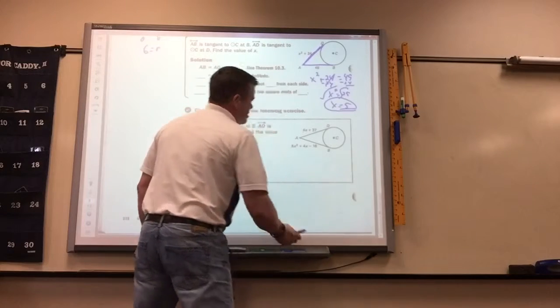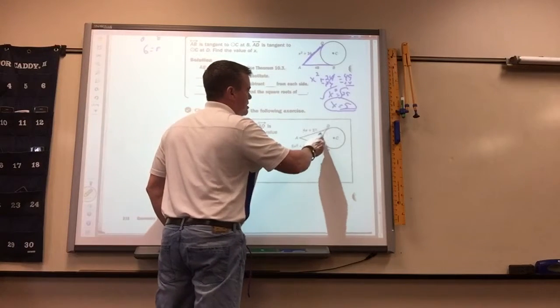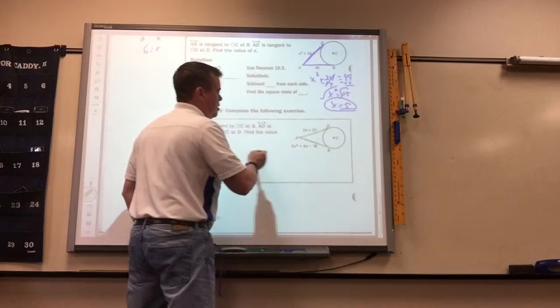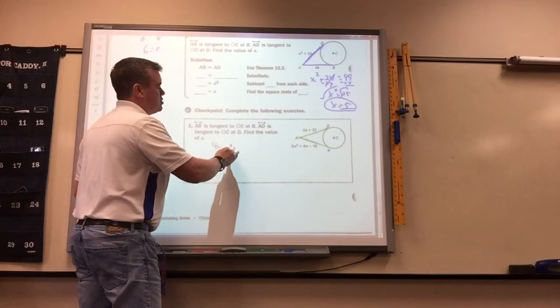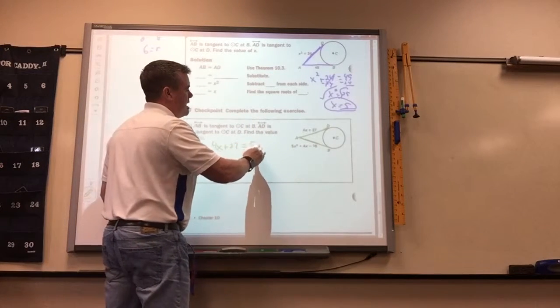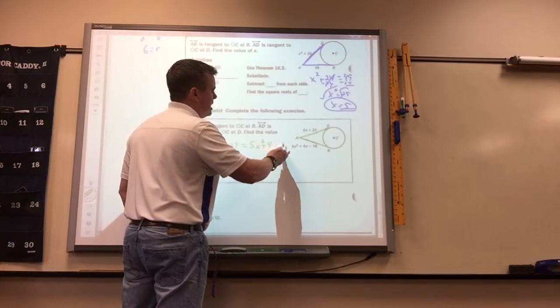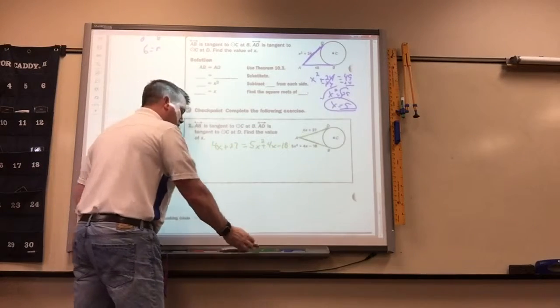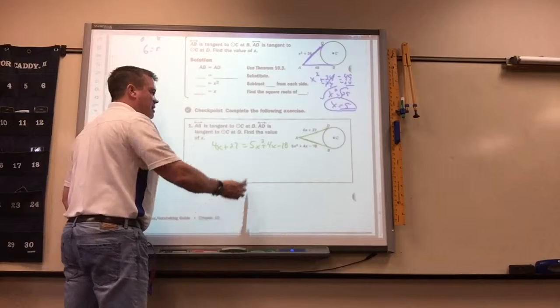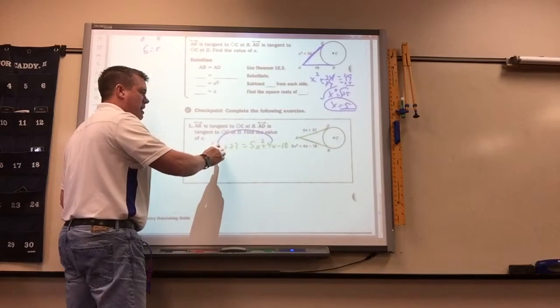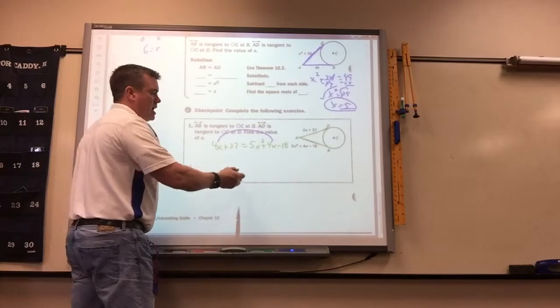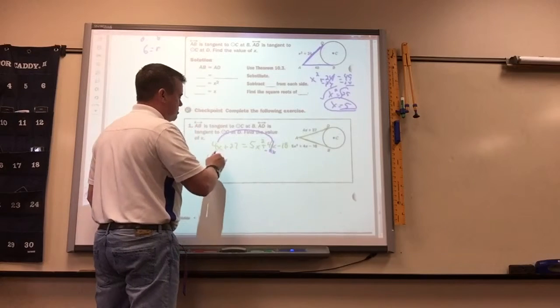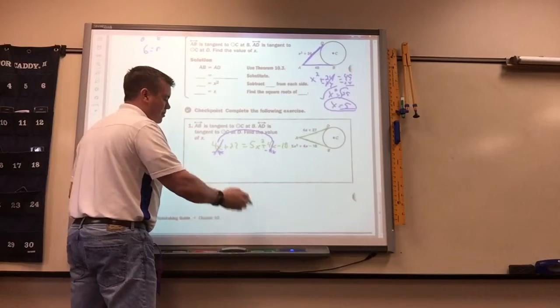So this one also, since these are both tangents, these are equal. 4x plus 27 has to equal 5x squared plus 4x minus 18. It looks complicated, but it's not, because when you get the x's together, they'll cancel. Subtract 4x, and they cancel.